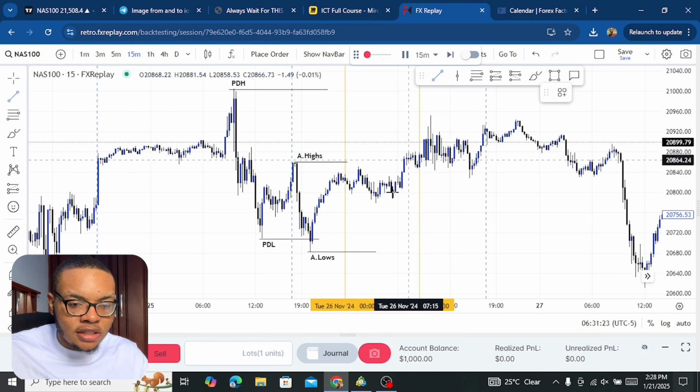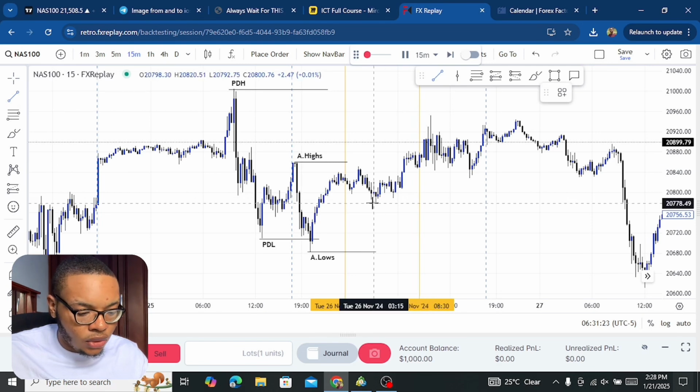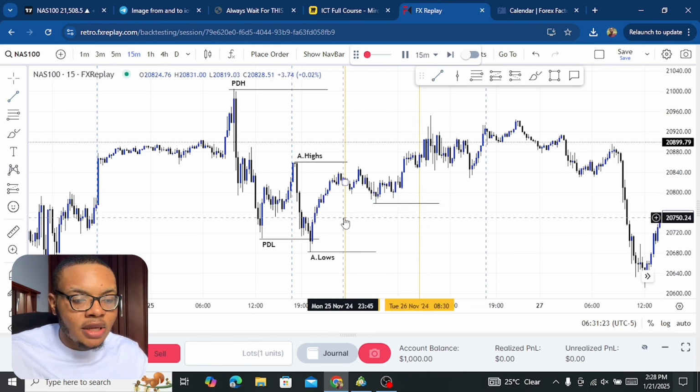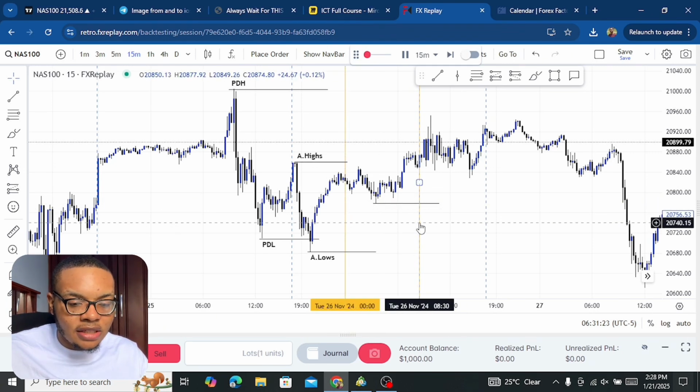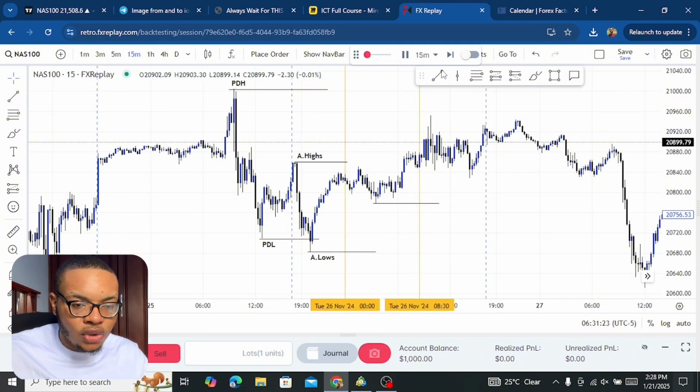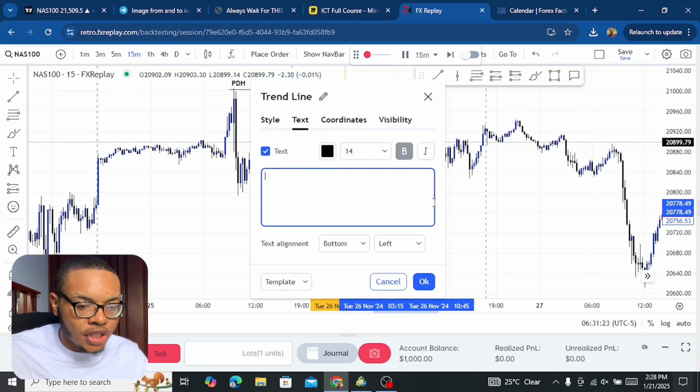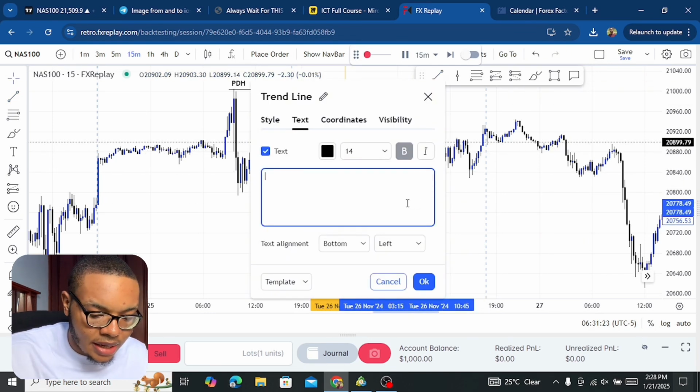And the next is going to be London highs and London lows. So London is the space between your midnight and 8:30 that I asked you to label initially. So that is London session. We have London session lows and London session highs. I like to label the London session as LDN.